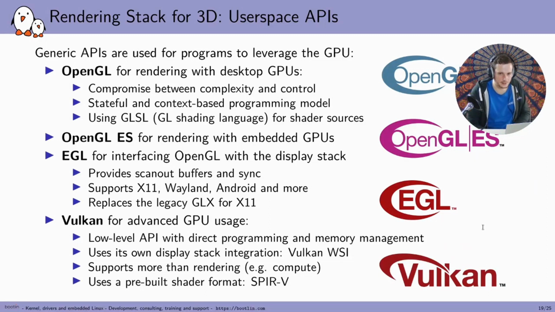Now for the shaders, a difference with OpenGL is that OpenGL will take shaders in source form in GLSL, and Vulkan will take shaders in a pre-built format that we call an intermediate representation, in a format that we call SPIR-V.